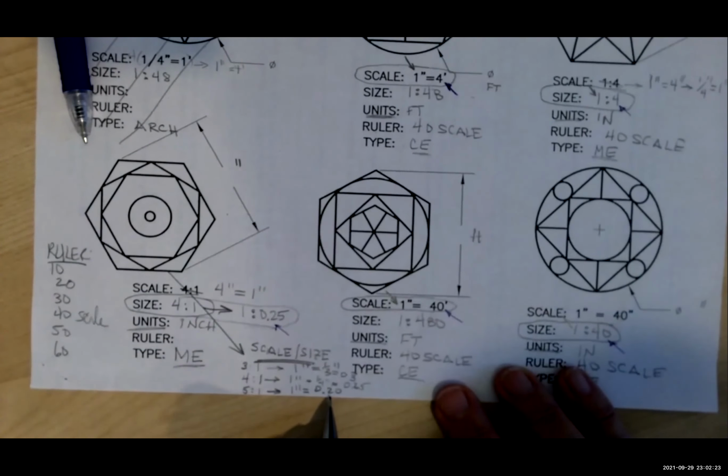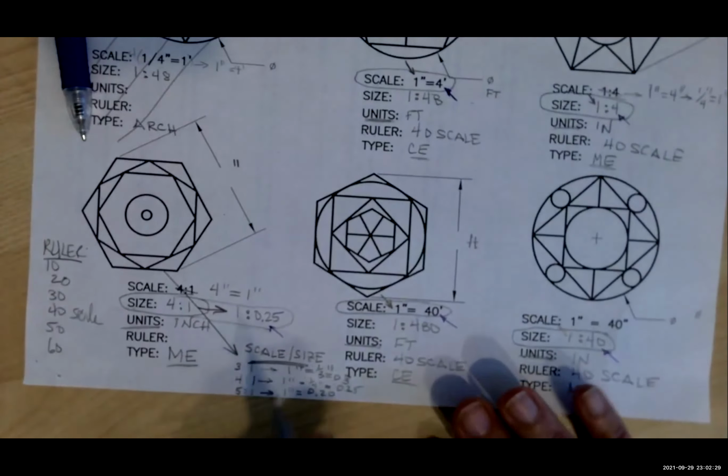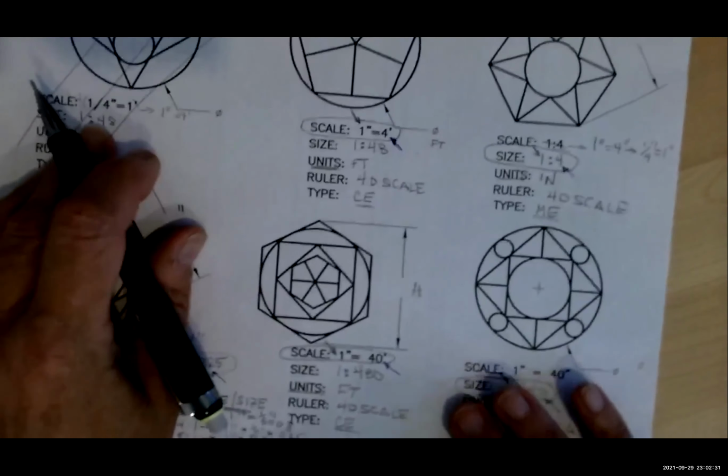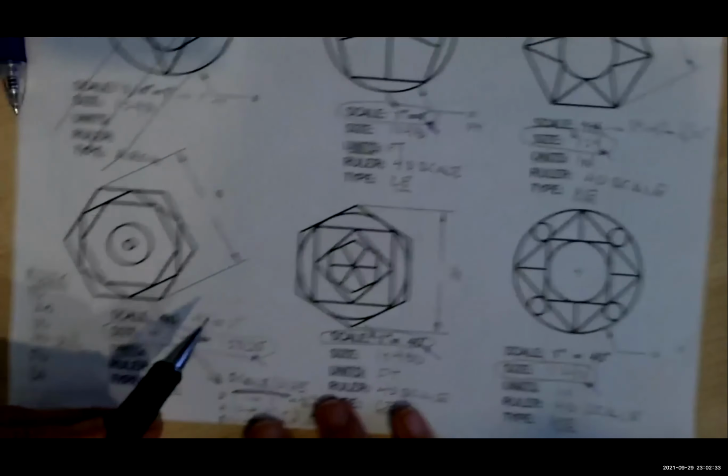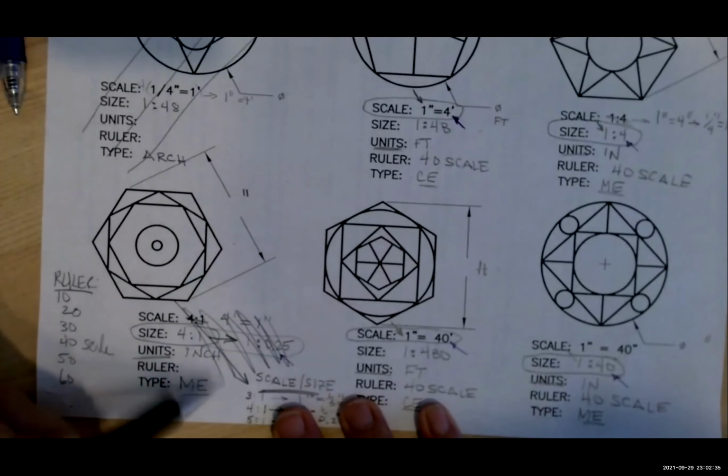And then what scale could we use? The 20 scale. Great. Good. So what we're going to do is cross this out.